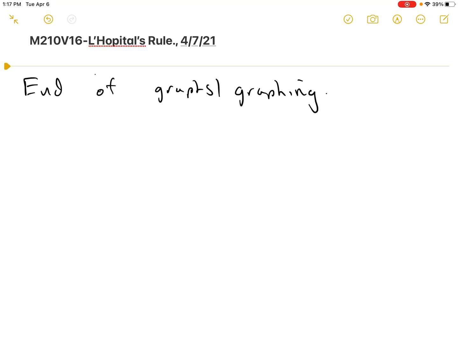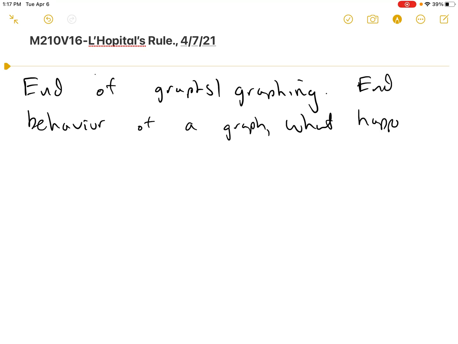So when we talk about end behavior of a graph, we're really talking about what happens at plus or minus infinity. And so this begs us to take limits.